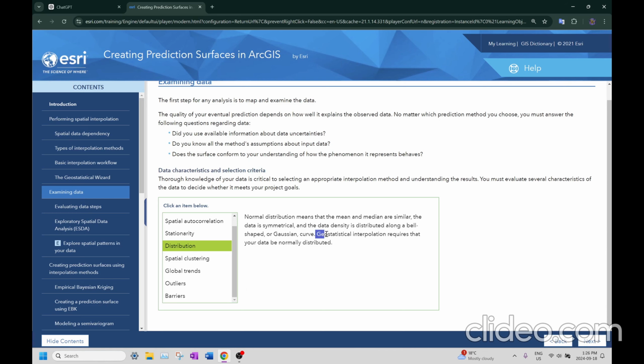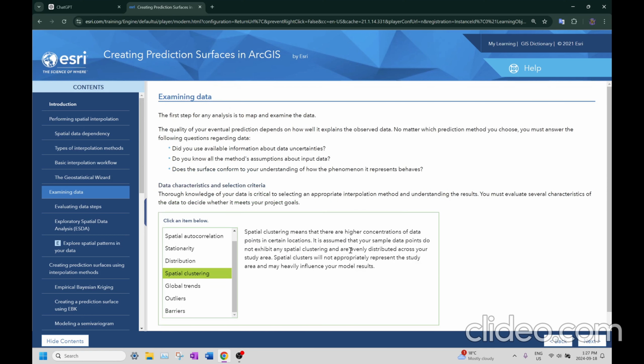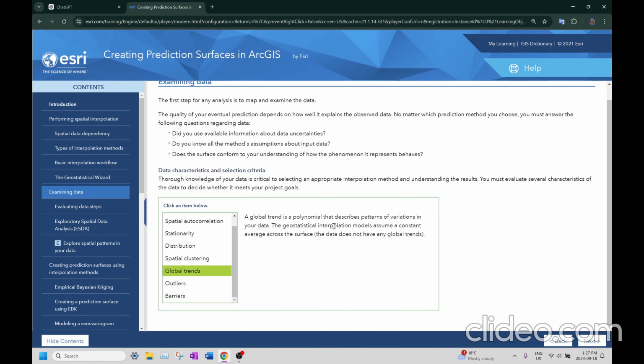Unfortunately, geostatistical interpolation requires that your data be normally distributed. If your data has spatial clustering, it will not properly represent the study area and may heavily influence your model results. Also, geostatistical interpolation assumes that the data does not have any global trends. Also, we need to take barriers into consideration, for example cliffs, rivers and changing soil types.